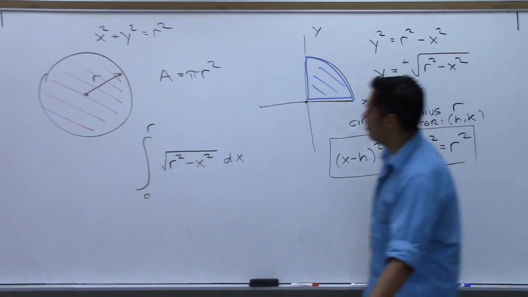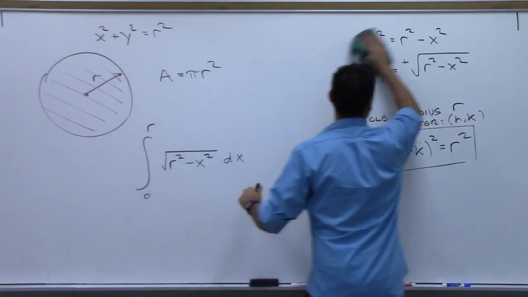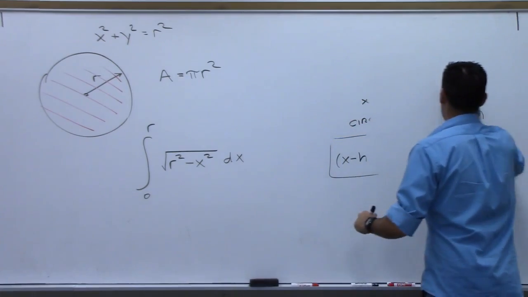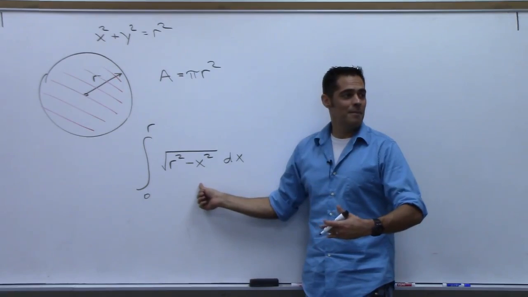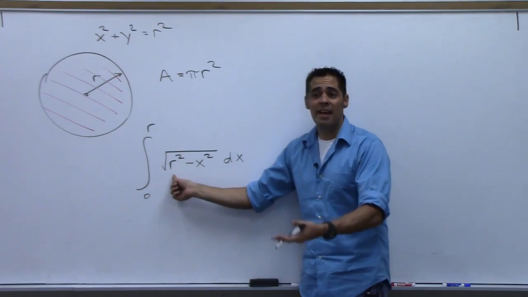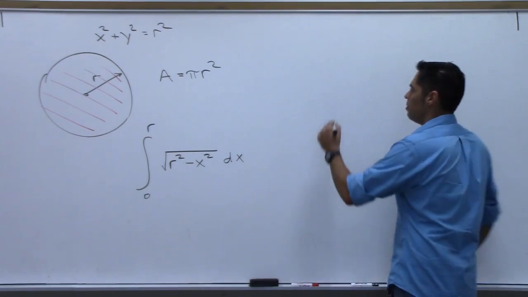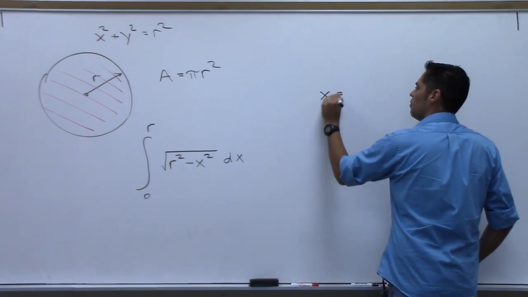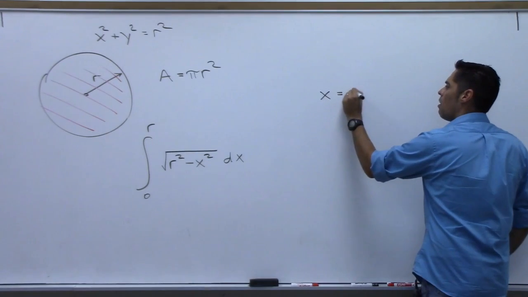Let's do it. What's the trig sub if we have, the variable here for us is what letter? Okay, x is the variable. x is the variable. r is the a, isn't it? Yes. r is really the a. So the appropriate trig substitution for this is x equals a sine theta, which for us is really r sine theta.